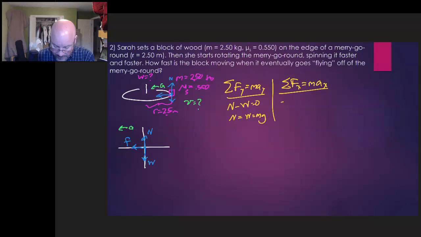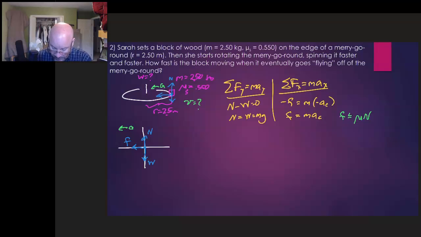Our friction is to the left, and we have centripetal acceleration to the left. So I'm just going to write that as F equals m a_c. Now the friction is less than or equal to mu times the normal force.